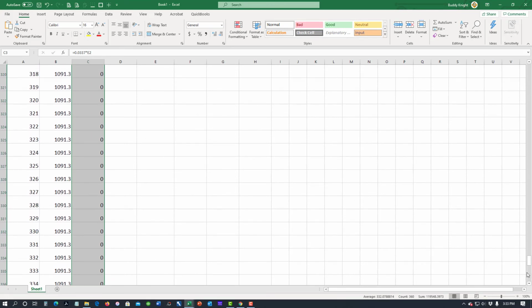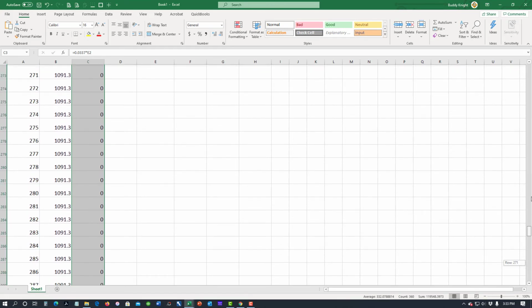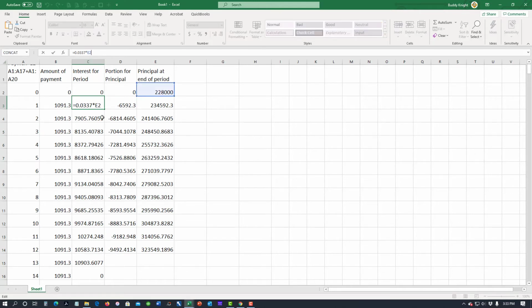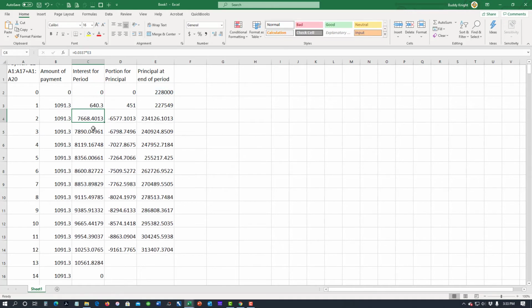Now I do need to make an adjustment because the 0.0337 is the annual interest rate. And so we're going to divide this whole amount by 12 to get the monthly interest rate. A lot more reasonable.